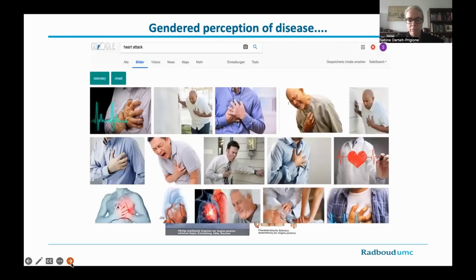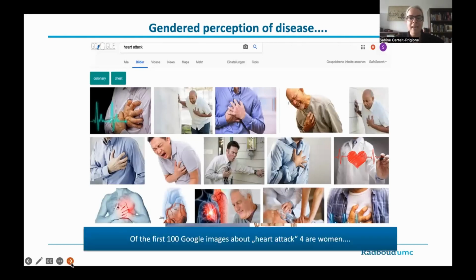If, however, you Google heart attack, what you get is this. Three years ago, when I first did this for my presentations, if you looked at the first 100 Google images about a heart attack, exactly 4 of them were women, and 1 of the women appeared twice. So let's say 3 women and a half.